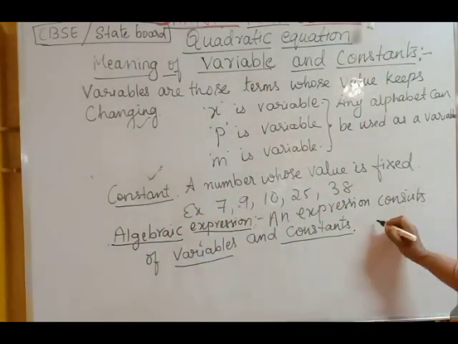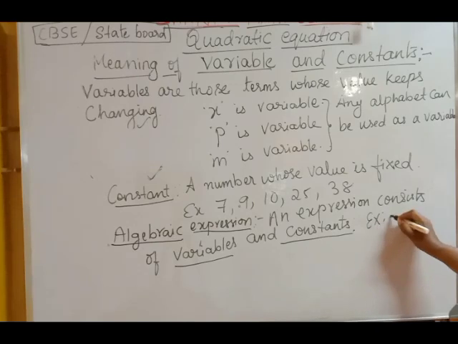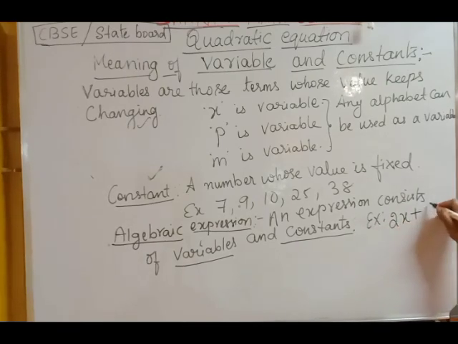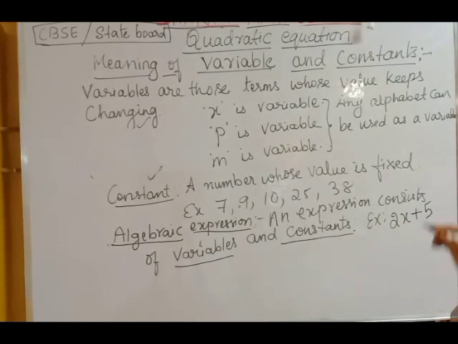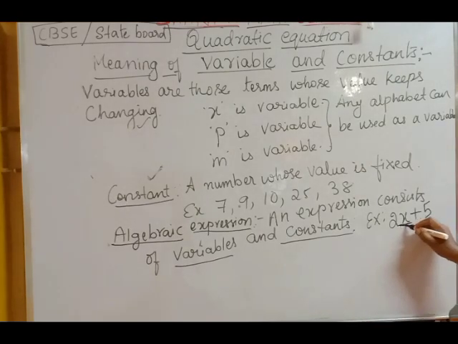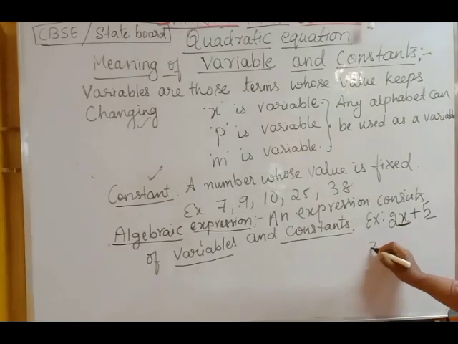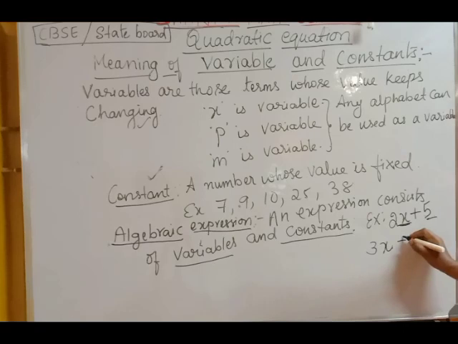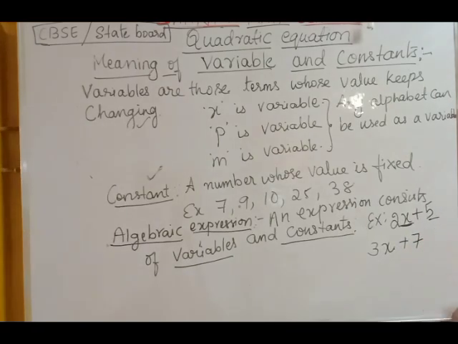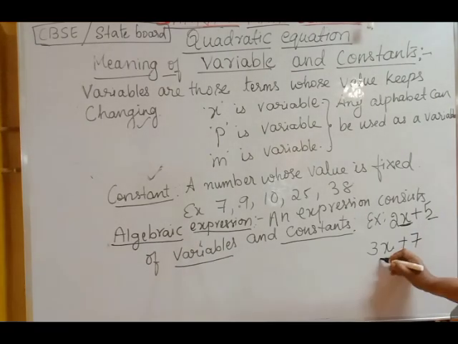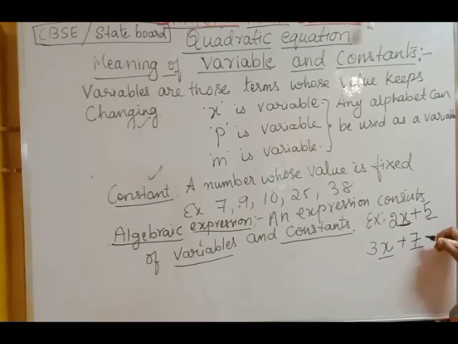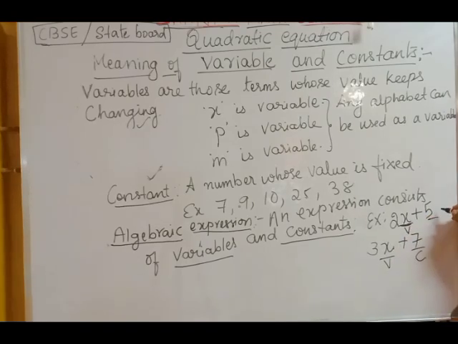For example, 2x plus 5. See here, x is a variable, right? 5 is a constant number. Similarly, you can write 3x plus 7. In this expression, this is the variable, this is the constant.